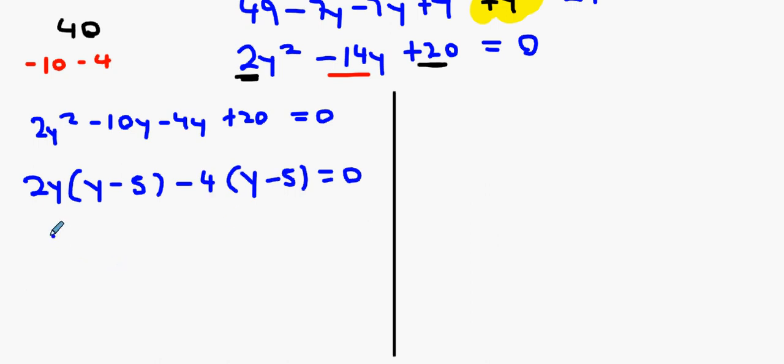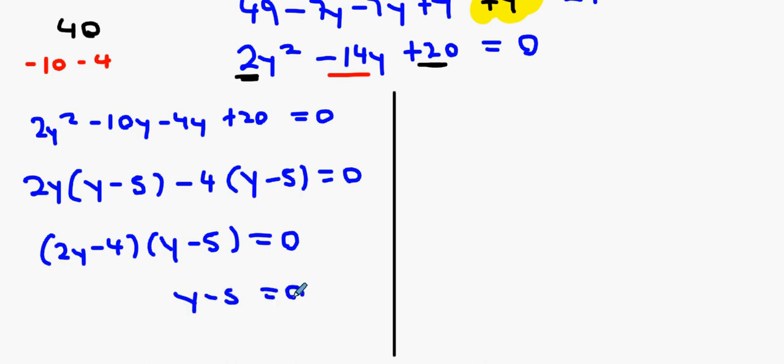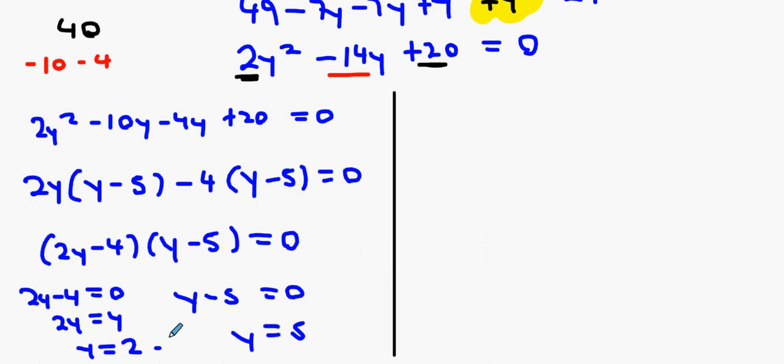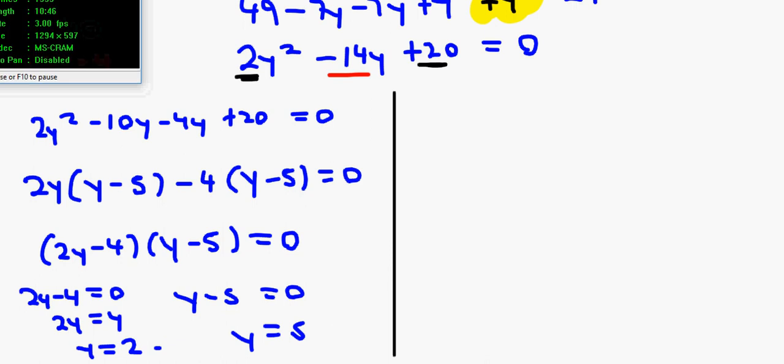Then after that? 2y minus 4 into y minus 5 equals 0. And after that? y minus 5 equals 0, y equals 5. Or 2y minus 4 equals 0, 2y equals 4, y equals 2. Okay, just pause it there.